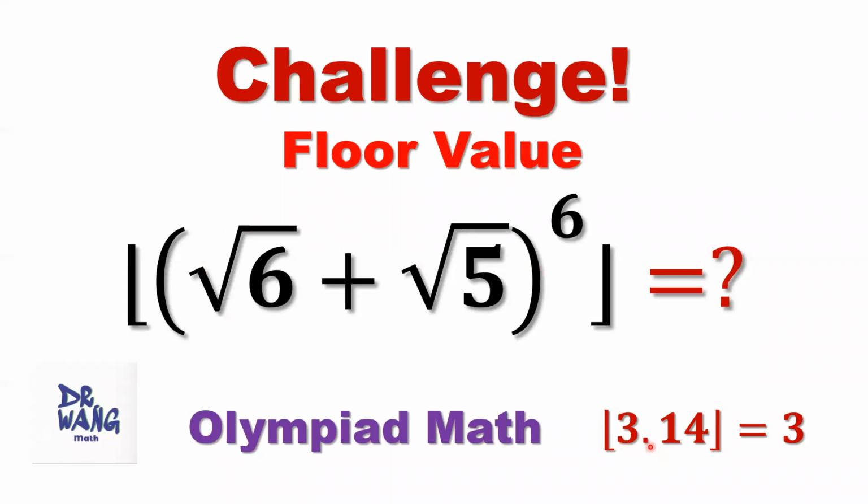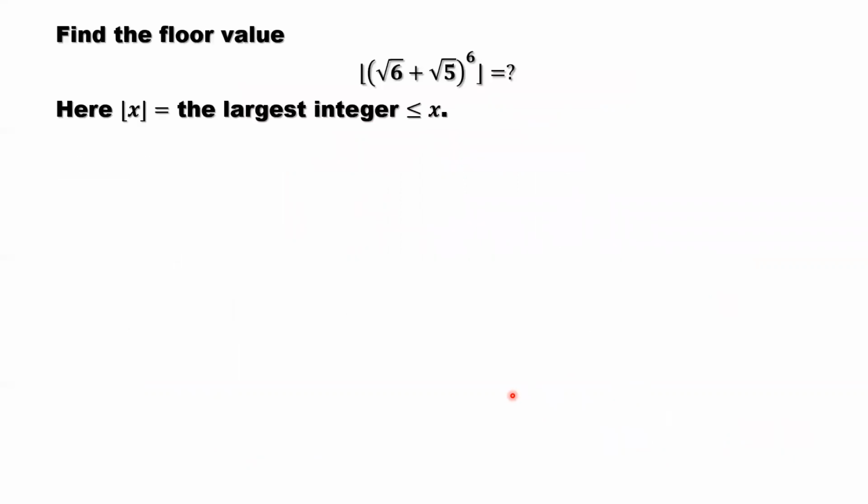For example, 3.14. This gives you the largest integer on the left-hand side of 3.14, which is 3. What do we want to find?